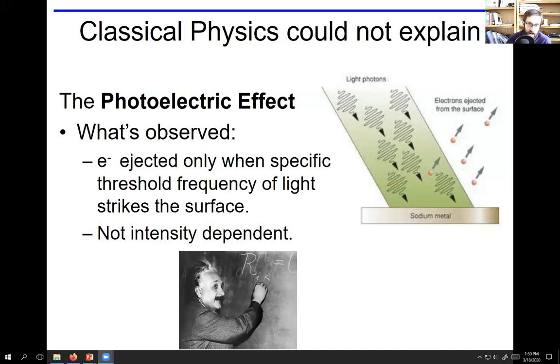Now, of course, if you use a big honking ultraviolet laser, you're going to get more electrons. But if you use a very weak ultraviolet laser, you're still going to get electrons. So that threshold at which we make electrons doesn't depend on intensity. It depends upon the color of light, the wavelength of light, the energy of light, the frequency of light. All those things are interrelated, as we'll talk about in the next video. Okay, so that's the photoelectric effect, fundamentally.